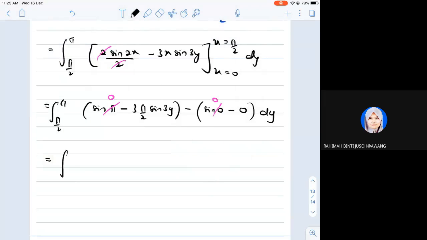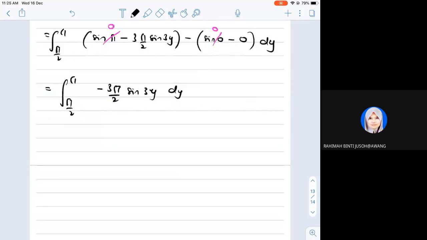So we just have from pi over 2 until pi, negative 3 pi over 2 sine 3y dy. Okay, so yeah, integrate sine 3y with respect to 3, you just divide by 3. So the limit ni tak ada dah. So substitute negative 3 pi over 2 sine 3y.